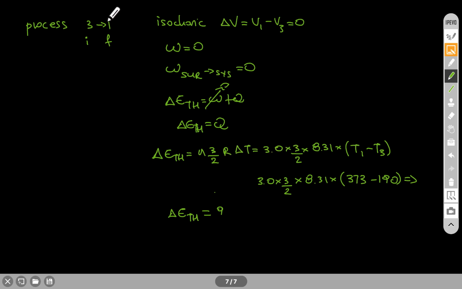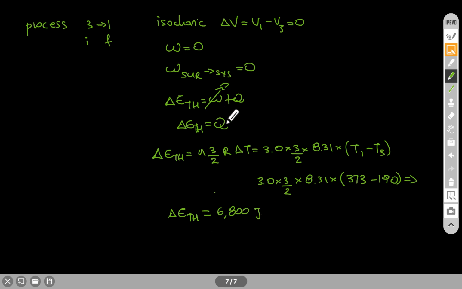State 1 is the final state, state 3 is the initial state. So I have 373 minus 190, and if I do these calculations, I will find 6,800 joules.